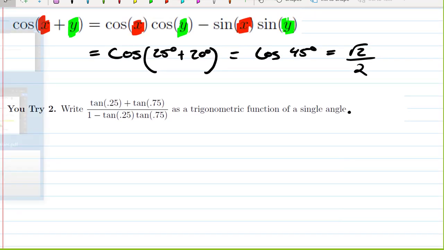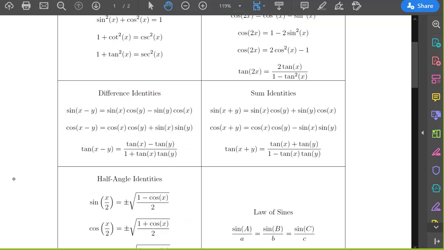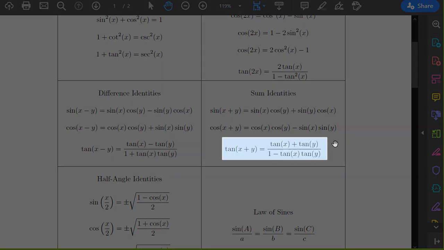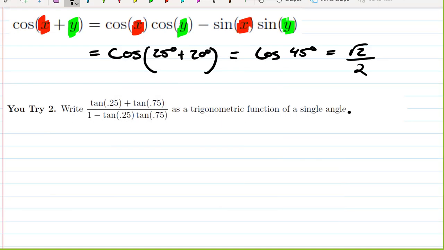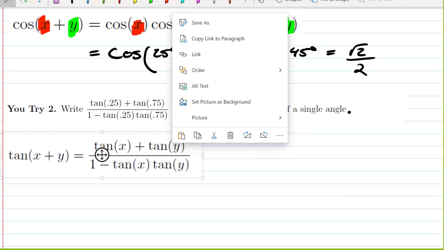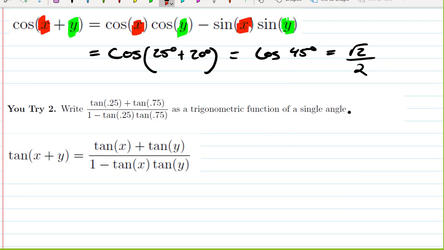All right, so we identify our trigonometric identity that we want to use is the tangent of x plus y is the same as tan x plus tan y divided by 1 minus tan x tan y. So in our case, it looks like x is going to be 0.25 and our y is going to be 0.75.